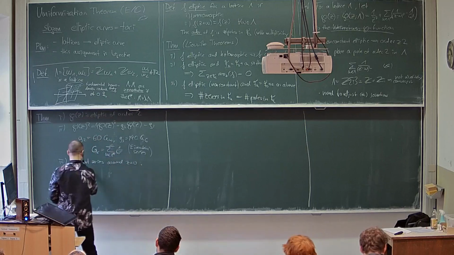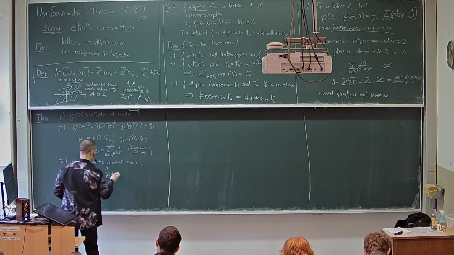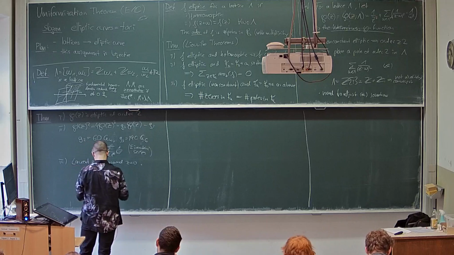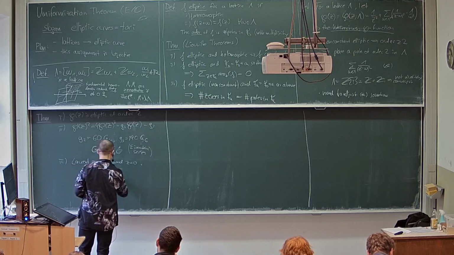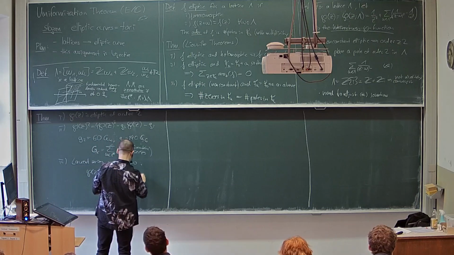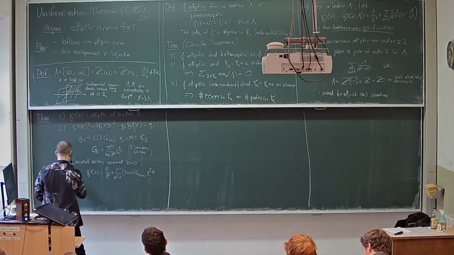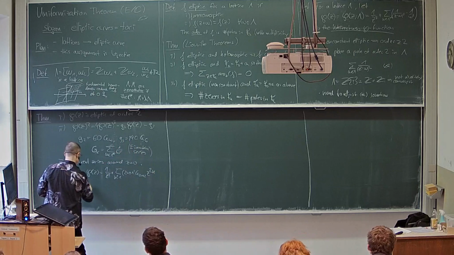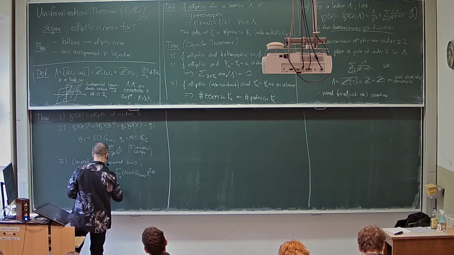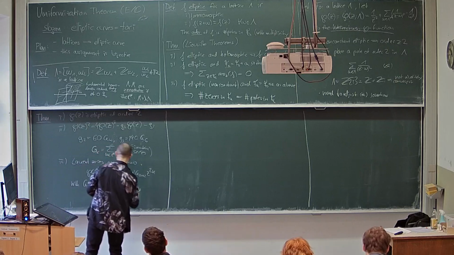And this one looks like this, with coefficients g_{2n} a polynomial in g2, g3.